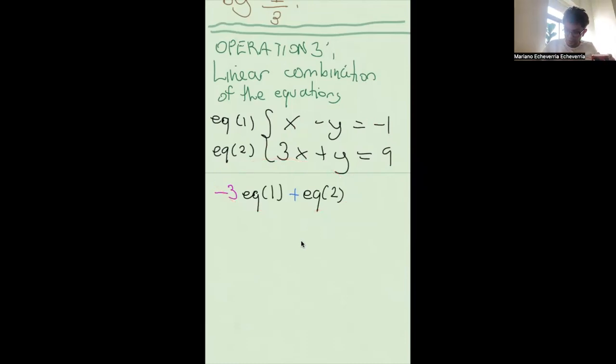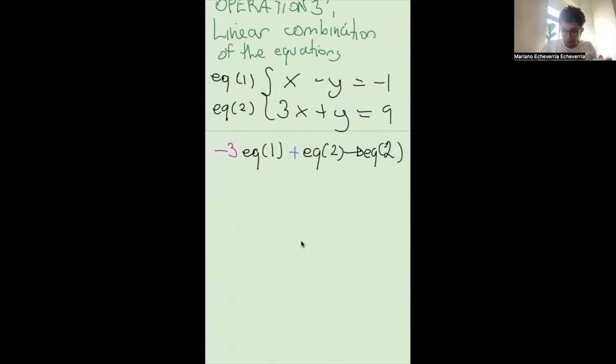So what this arrow means, I said this was a little bit tricky, is I'm going to multiply equation 1 by -3, add it to equation 2, and that's going to be the substitute for equation 2. Okay, so let me show you how this looks, because you might be confused right now.